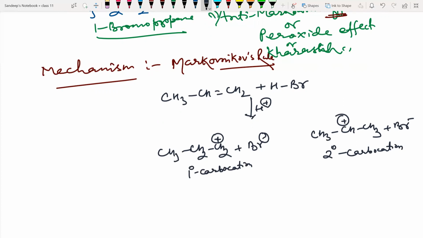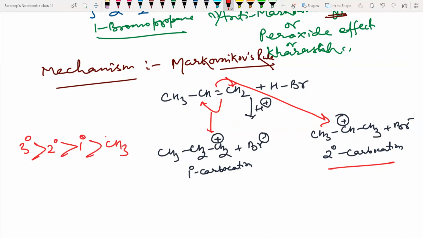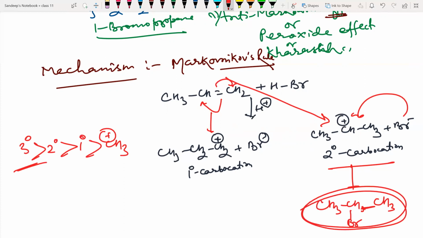So this pi electron can shift in this direction or in this direction. If it shifts this way, it will form 1-degree carbocation. 3-degree carbocation is more stable than 2-degree, 2-degree is more stable than 1-degree, and 1-degree is more stable than methyl carbocation. So the more stable the carbocation, the more easily it is formed. Now bromine will attack this and form 2-bromopropane.